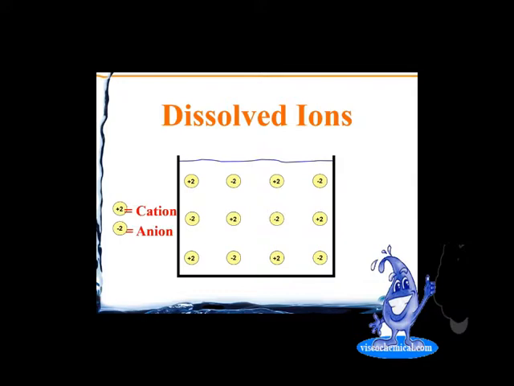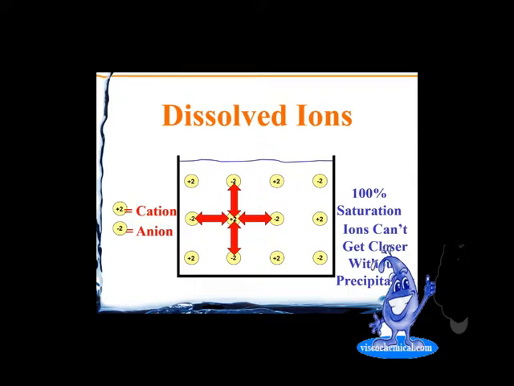We're going to have a problem with the double charged cations and the double charged anions. There's a certain distance that they can get between each other where they're equally as attracted to each other as they are to other things in the water, and that's called 100% saturation. If we get them any closer than that, then some of them are going to have to leave, and that's called scaling.